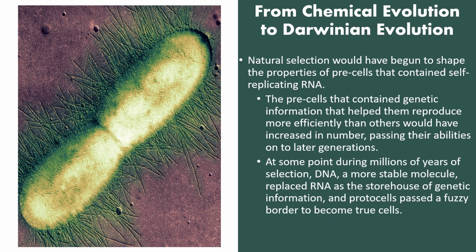Now, this would have taken a very long period of time, and it's thought that during the millions of years of these first very early steps of the evolution of life, there would have been the evolution of DNA, which is a similar molecule, but is more stable.